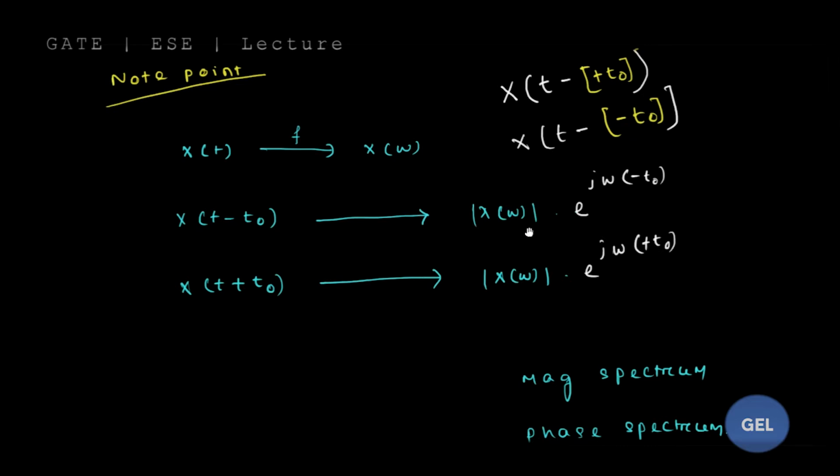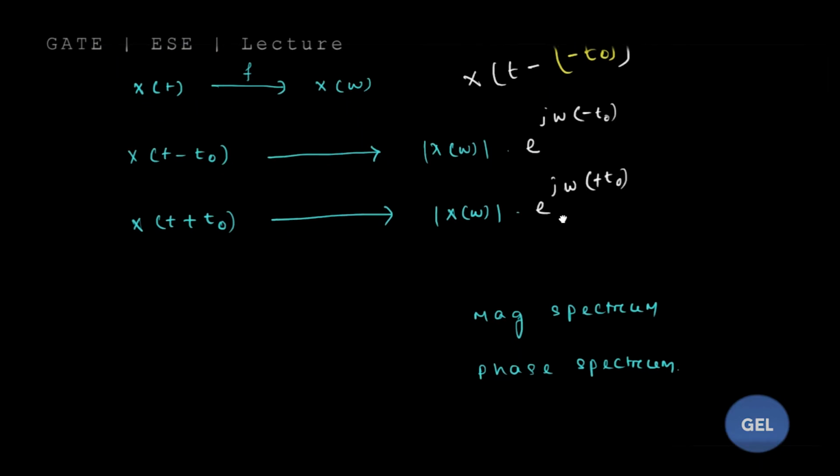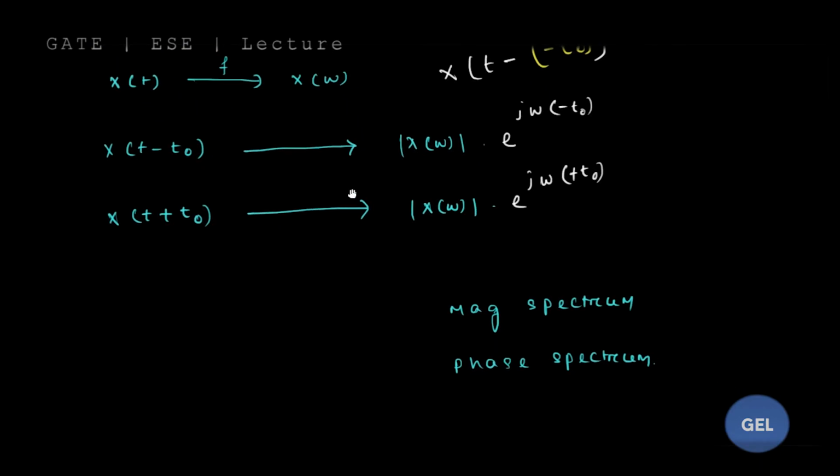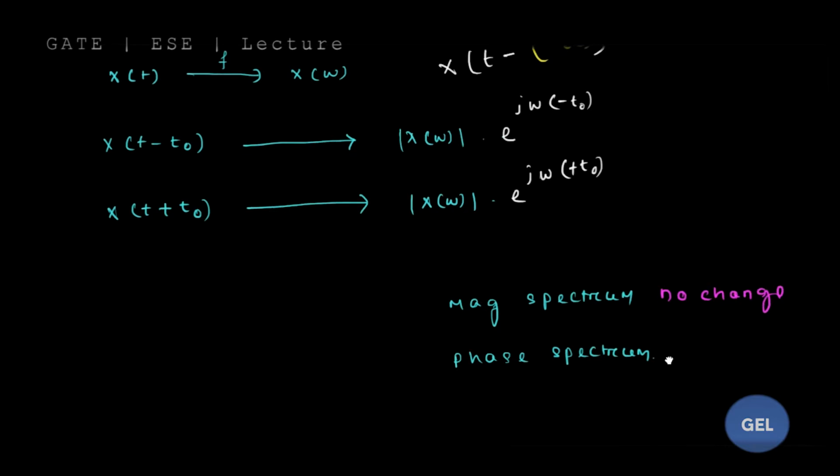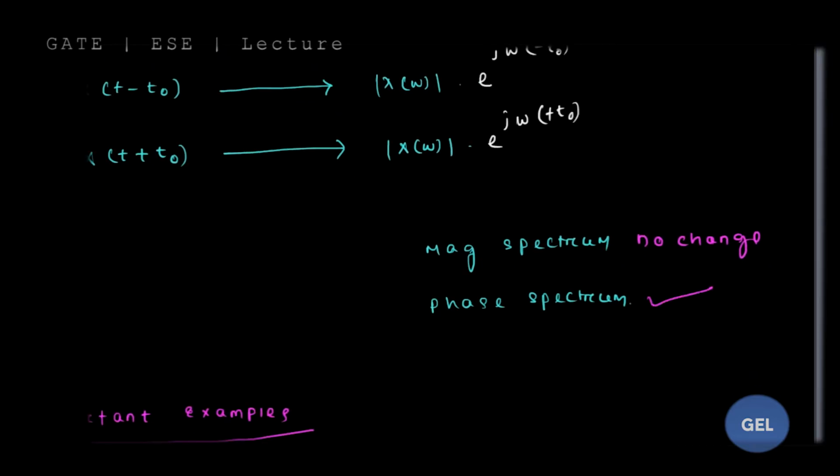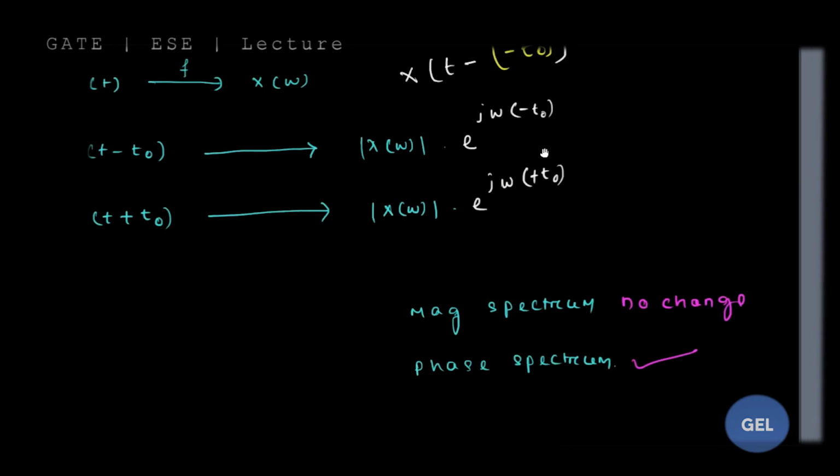But there is no change in magnitude spectrum. Only the change is happening in the phase spectrum. So please remember, in the time shifting property there is no change in magnitude spectrum, but in the phase spectrum a change is happening.